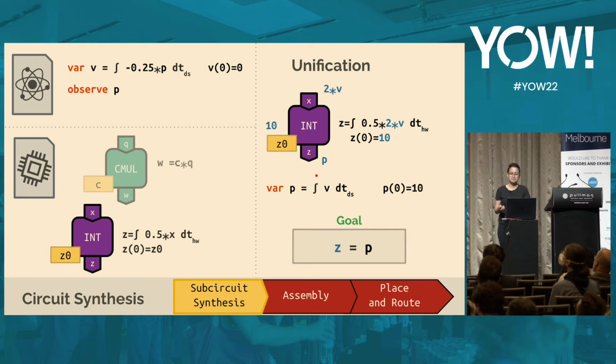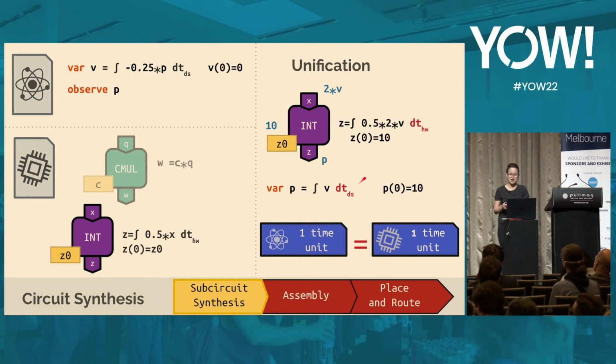If you assign X to 2 times V and Z0 to 10, you can get these 2 relations to almost be equivalent, right? If you simplify this one, you'll get this one. But there is one key difference here: the integration here is done with respect to hardware time, and the integration here is done with respect to the dynamical system time. To resolve this, all we do is state that 1 unit of dynamical system time now equals 1 unit of hardware time, and then we're good.